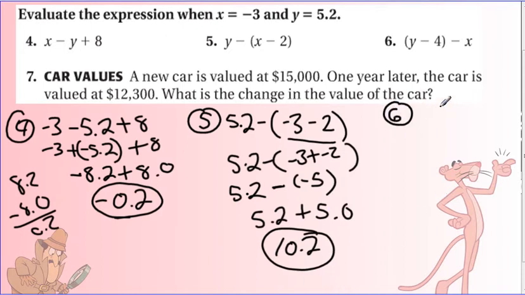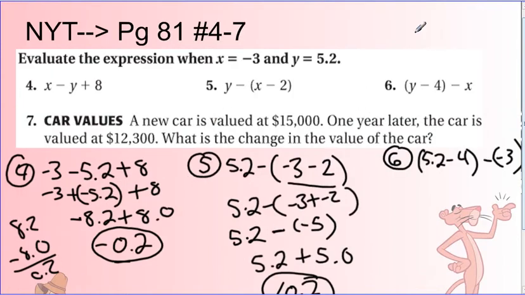And lastly, number 6. So we got 5.2 minus 4 minus negative 3. Okay, so parentheses first. 5.2 minus 4. 5.2 minus 4.0 gives me 1.2, and it's positive because you keep the sign of the bigger number, minus a negative 3.